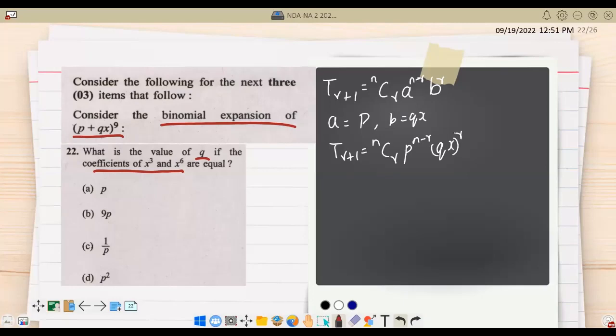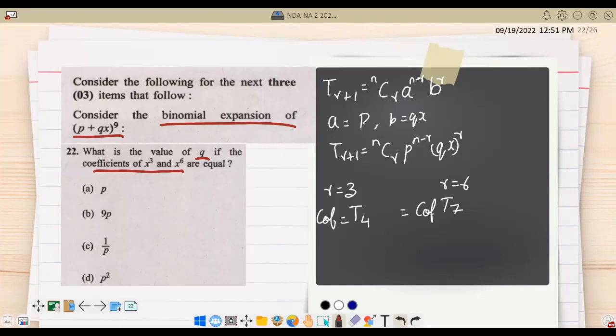Here they have given coefficient of x cube and x to the power 6 are equal, means what the r value will be. For x cube, the r value will be 3. Then for x to the power 6, the r value will be 6. So T4 and T7 we have to find out. For T4, the coefficient of T4 is equal to the coefficient of T7.